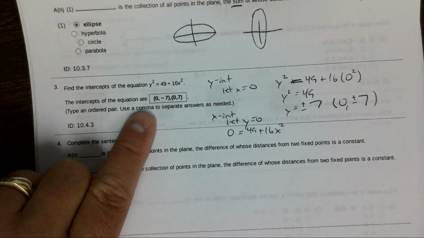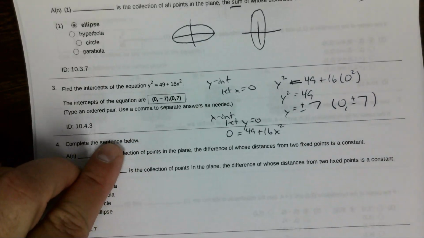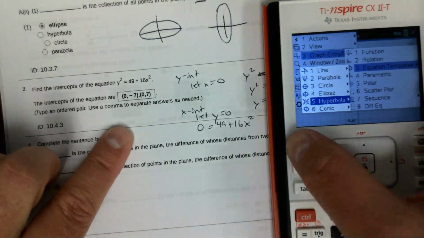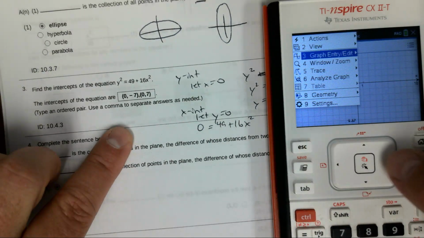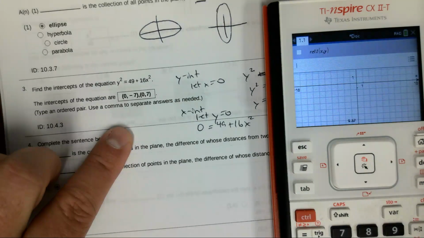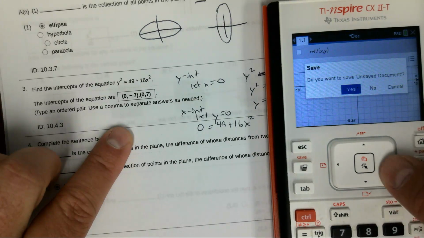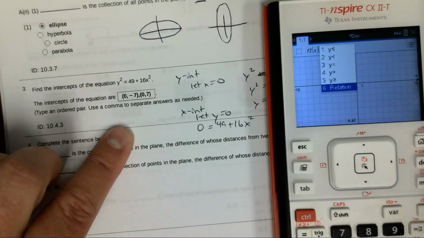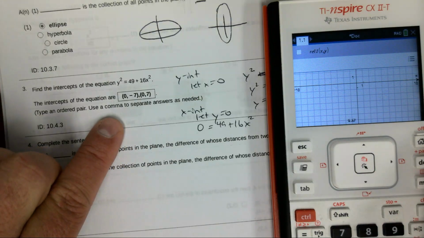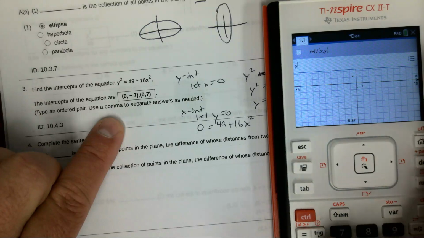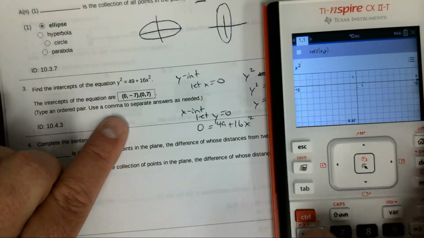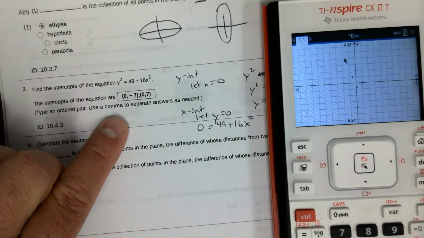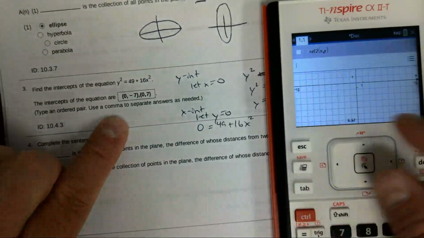Let's graph that, see if it even has some. I don't want to do extra work if I don't have to. Remember that you could go to relation this way, or if you just hit add graph and hit delete, then you can pick relation. So if you have y squared equals 49 plus 16 x squared. Wow, it just did a little blip and then went away.